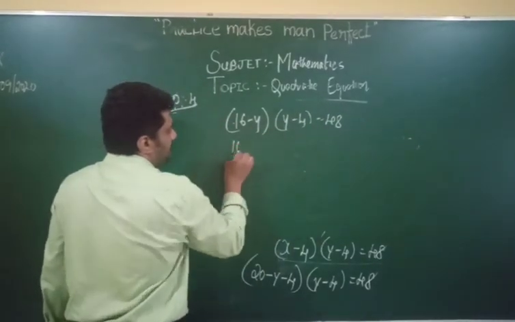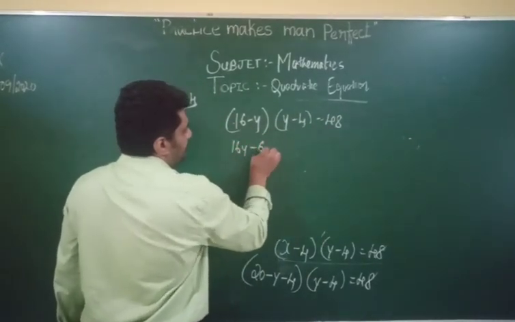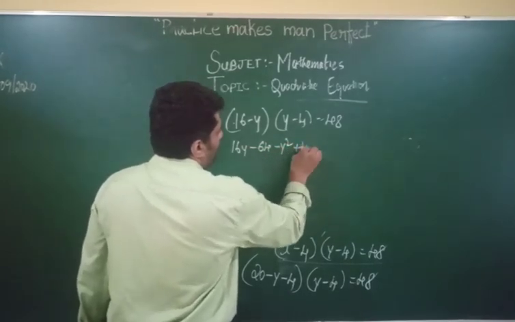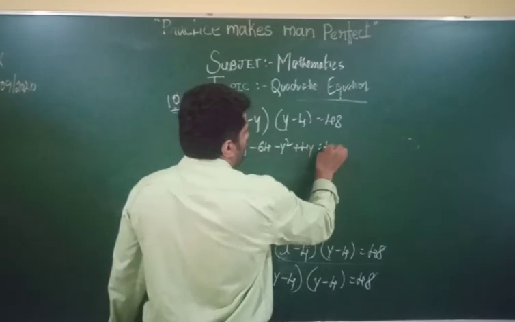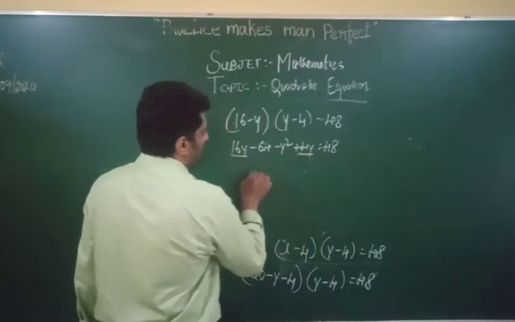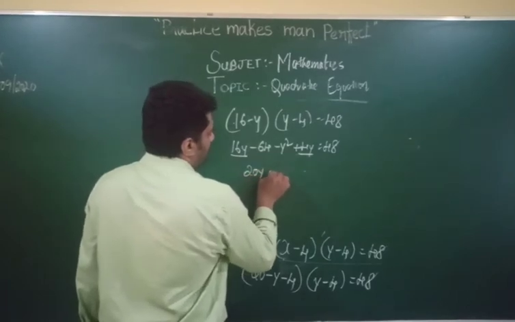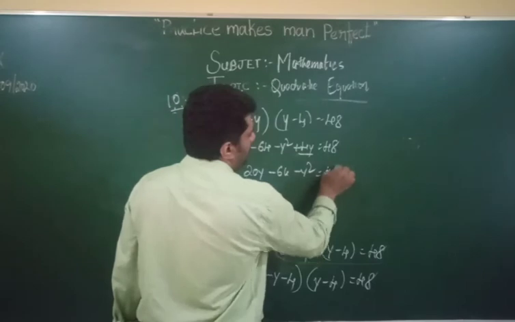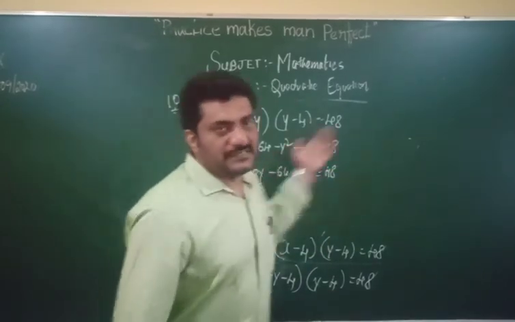16 into y, 16y, minus 16 into 4, minus y square plus 4y is equal to 48, which is nothing but, how much is this? 20y minus 64 minus y square is 48. Shift everything to this side.